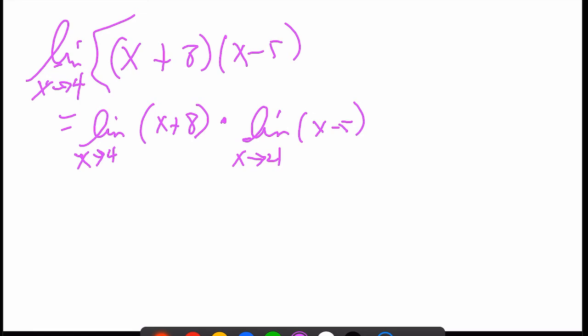Okay? So I'm just going to stick the 4 in there. And I'm going to get 12 times minus 1 is minus 12. Put the 4 in there. Okay?